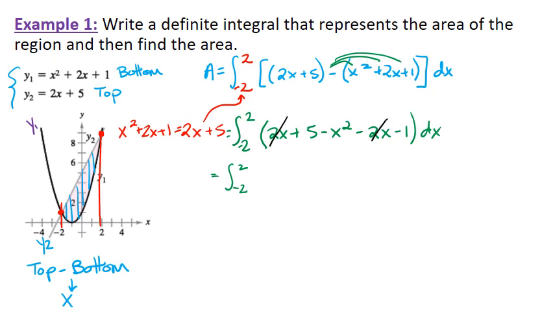So we end up with negative x squared plus 4. When we integrate this, we get negative 1/3 x cubed plus 4x. And we are going to evaluate this from -2 to 2.